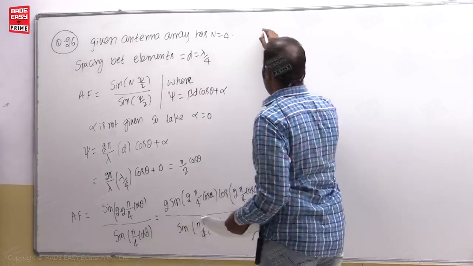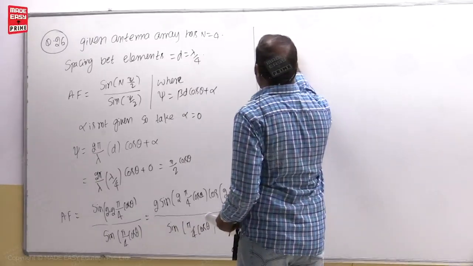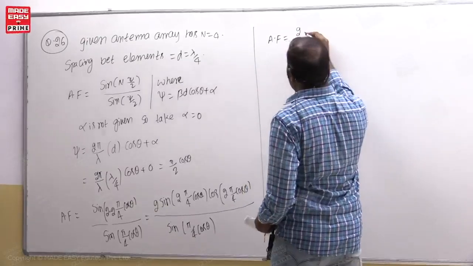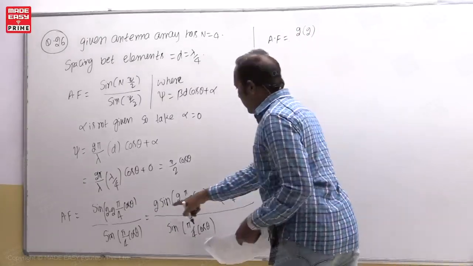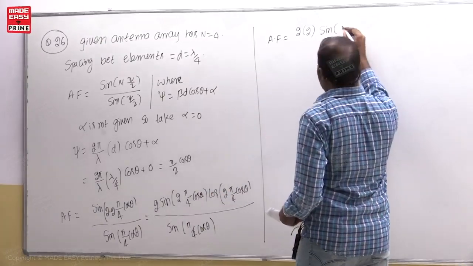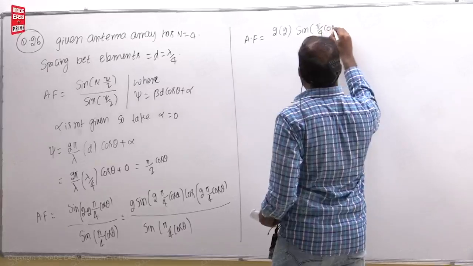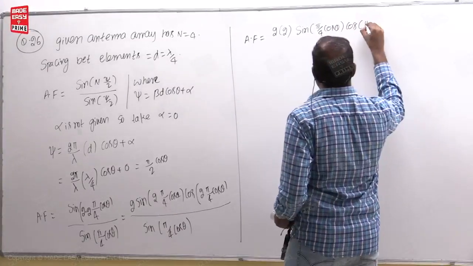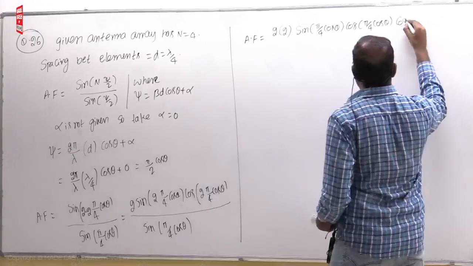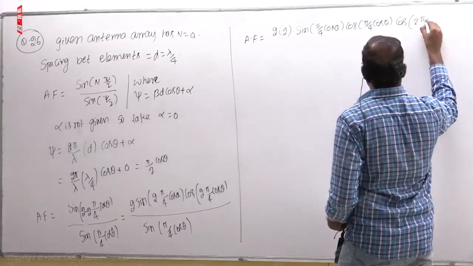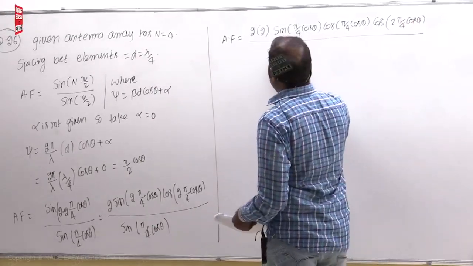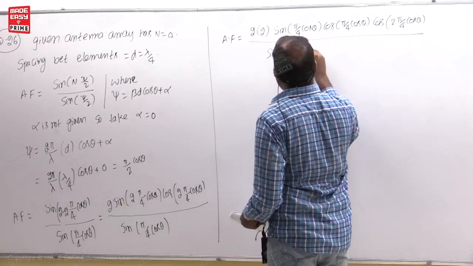Once again you expand this one. So ultimately array factor is equal to, if you expand that one, again 2 into 2, you expand sine, then sine pi by 4 cos theta, cos pi by 4 cos theta, divided into cos 2 into pi by 4 cos theta, divided by sine pi by 4 cos theta.